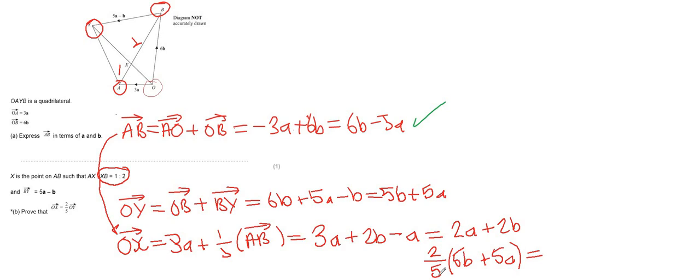So what we do, I'm going to divide by 5 and then times by 2. 5b divided by 5 is 1b times 2, that's 2b. 5a divided by 5 is a times 2, that's 2a, which is OX. So that means that OX is equal to 2/5 of OY. And we've answered the question.